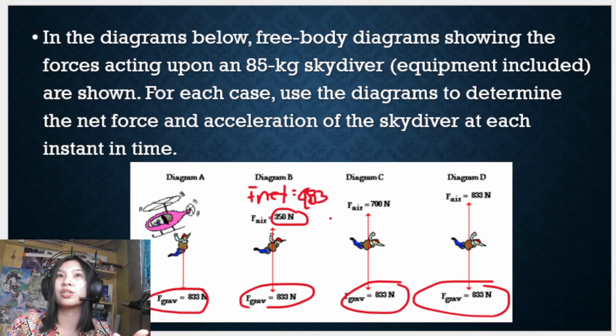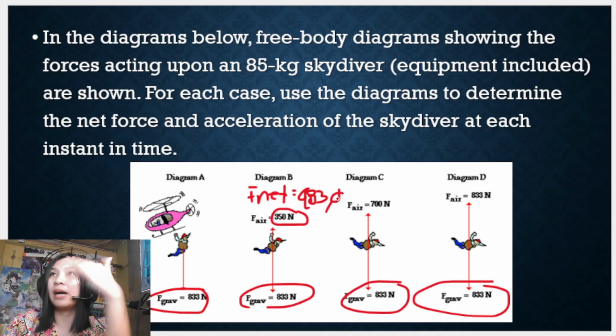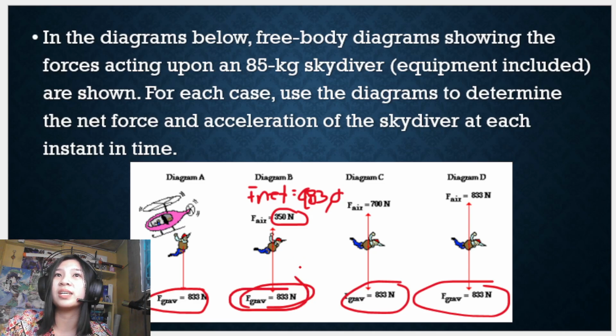In which direction? Of course, down. It is downward. Mas dako man si FG kaysa ni air. So it means, mas dako ang mabilin sa FG. So, the F net is 483.